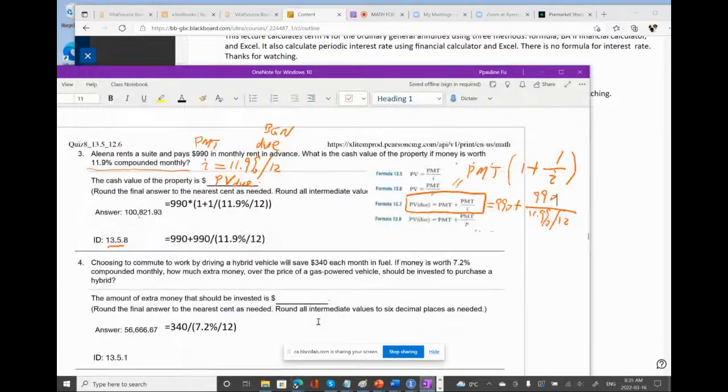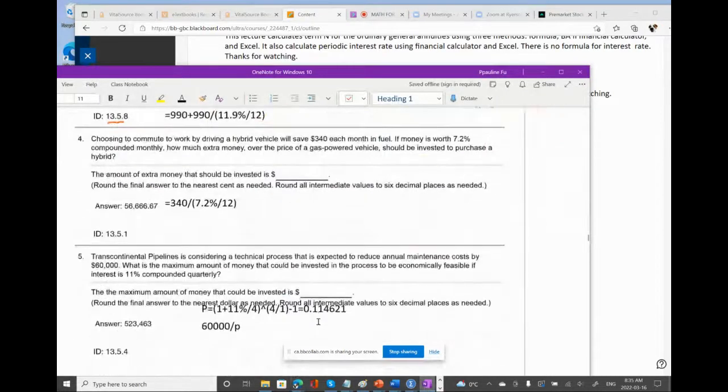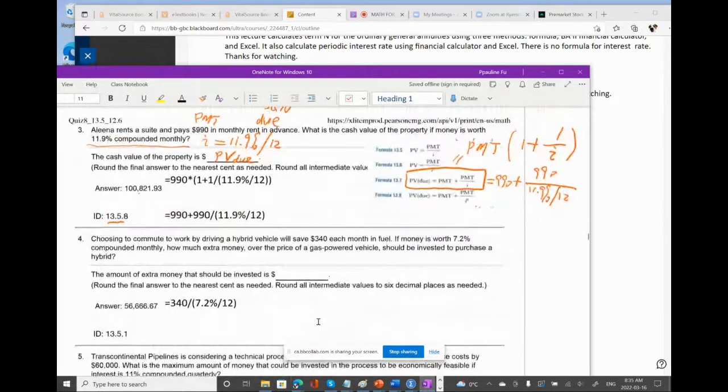All right. So question 4. I will leave question 3 open. Choosing to commute to work by driving a hybrid vehicle will save $340 each month in fuel.